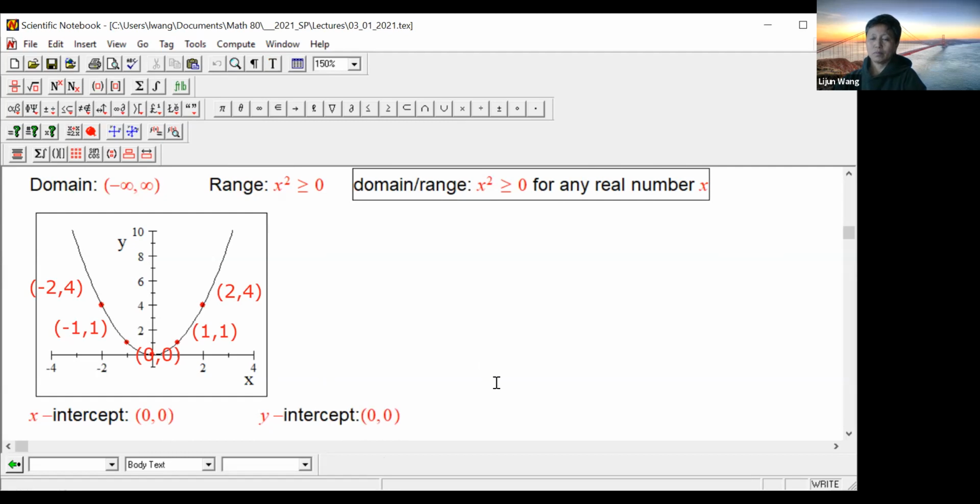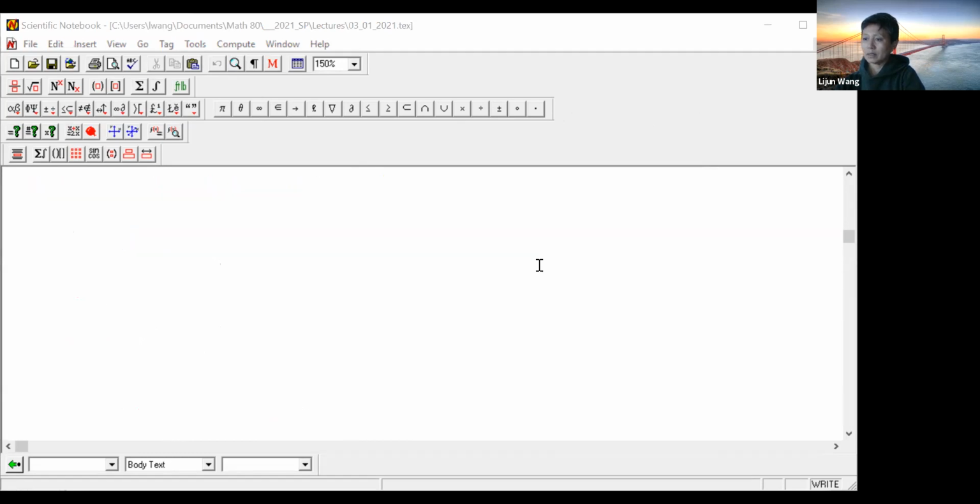Wonderful. Okay, last one, last function on the table. All right, this function certainly is a very interesting function, very useful function, but yet there are many places it can be very difficult.